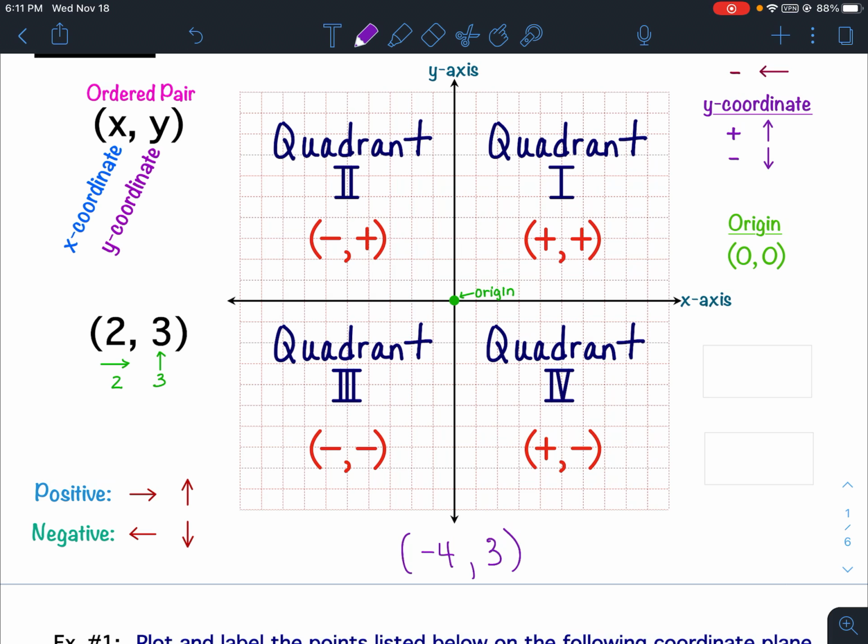If I had the ordered pair -4, 3, this ordered pair would fall in the second quadrant because it's negative then positive. If it was -4, -3, this would fall in quadrant 3 because they're both negative. If it was 4, -3, that would be quadrant 4 because the first number is positive going to the right, but then down would be negative.